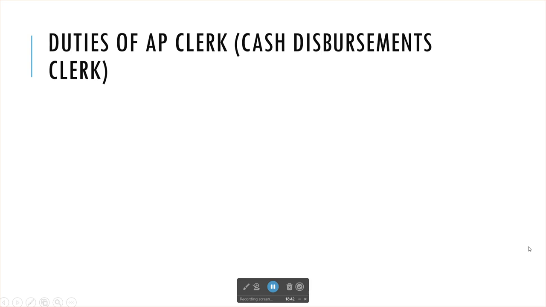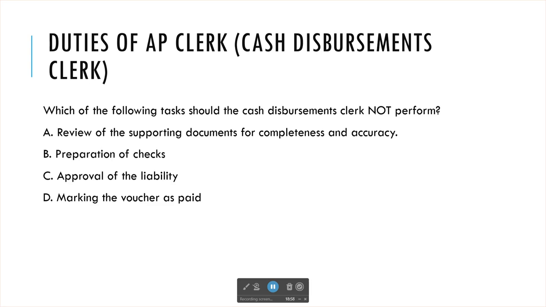The duties of an accounts payable clerk, also known as a cash disbursements clerk. If you're looking in the flow charting when we're talking about this, it would be the Ray Kramer function. That would be on page 23. And it says, which of the following tasks should the cash disbursements clerk not perform?